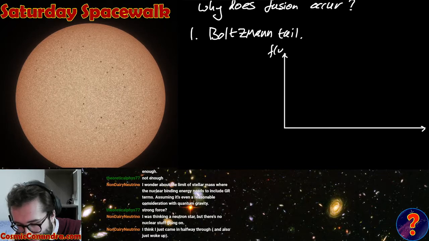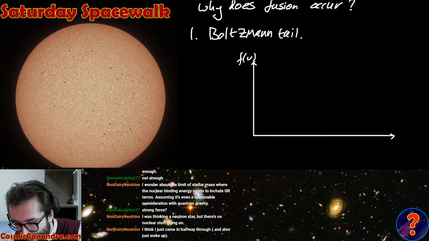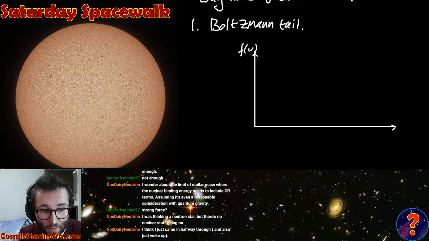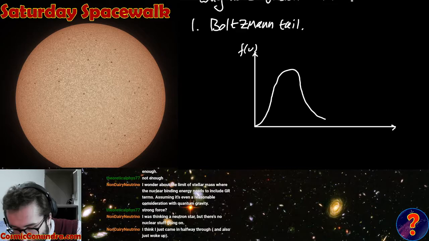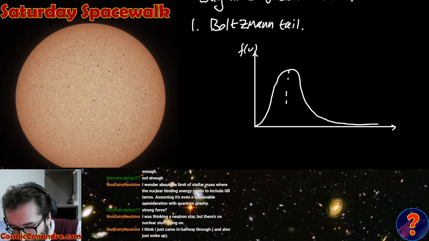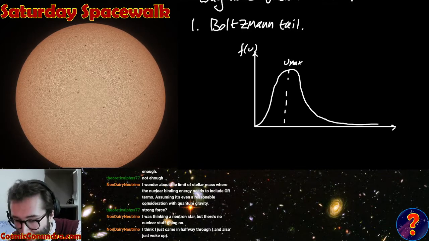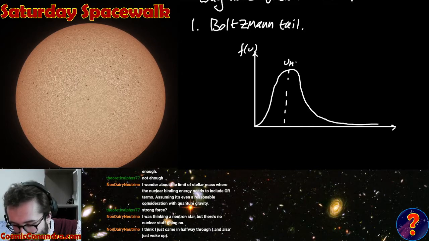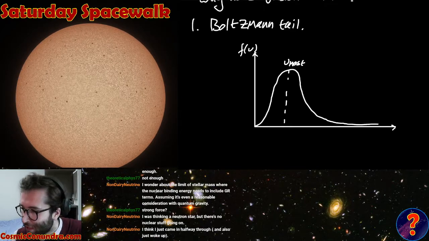Here, let f(v) be some normalized probability of how many molecules you would expect to find within a particular velocity range. Then this Maxwell-Boltzmann distribution looks kind of like this. It is sharply peaked at some velocity, not the max velocity, but the most probable one, where the largest number of particles have that velocity.